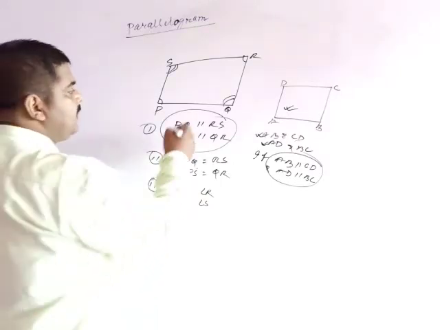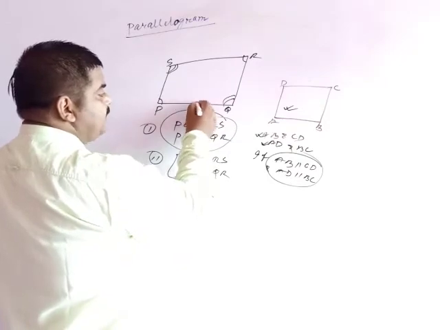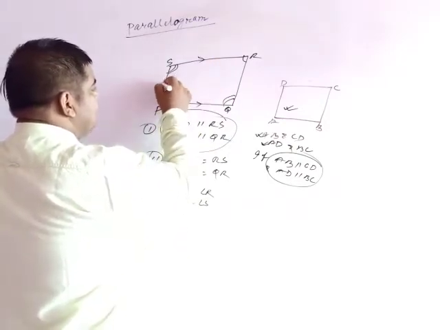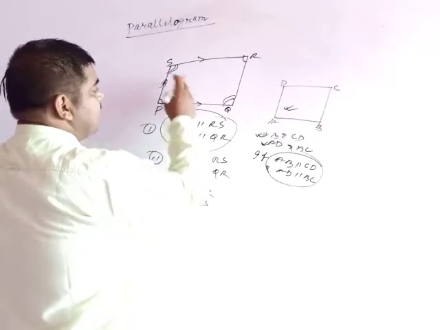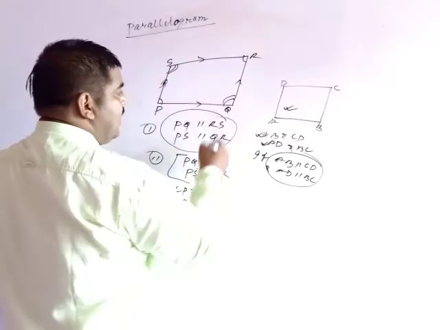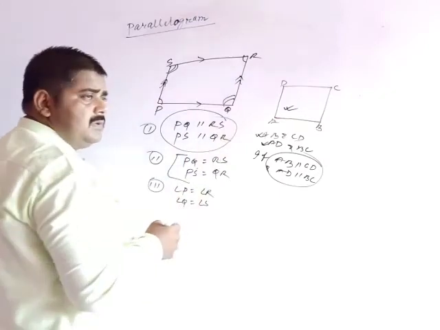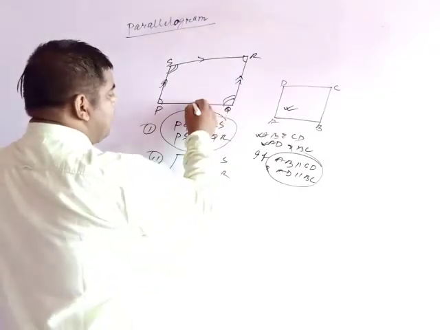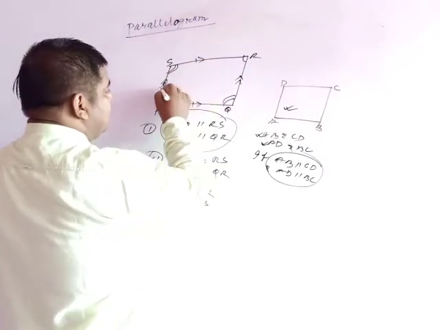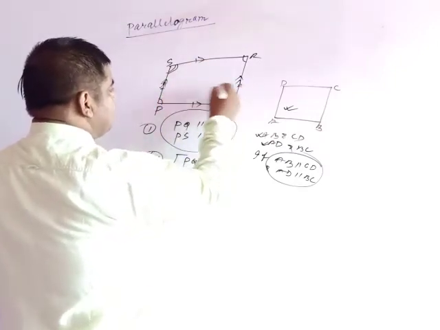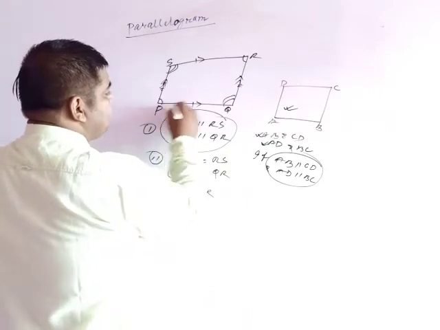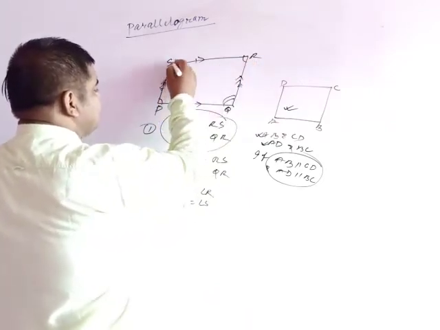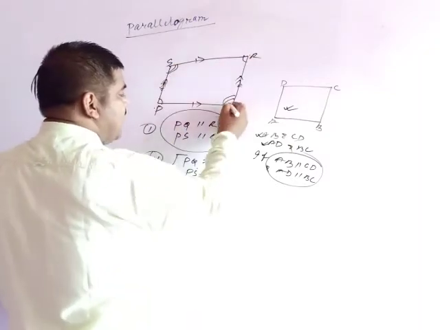First one, opposite sides are parallel: PQ is parallel to SR, and PS is parallel to RQ. Second characteristic, opposite sides are equal: PQ is equal to SR, and PS is equal to RQ.